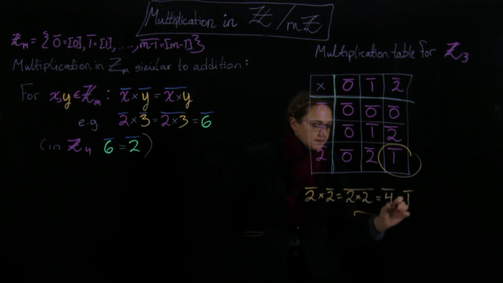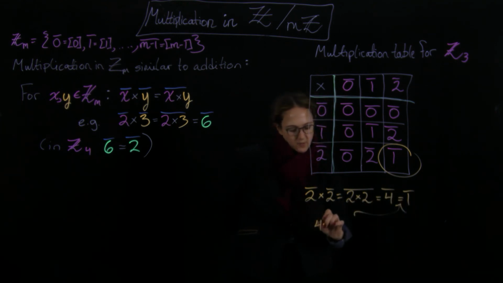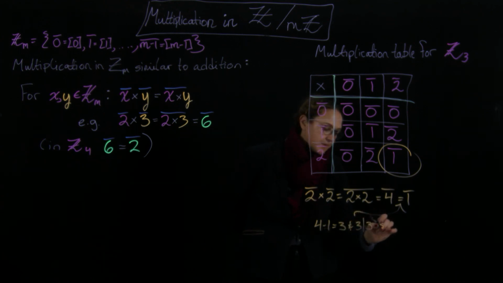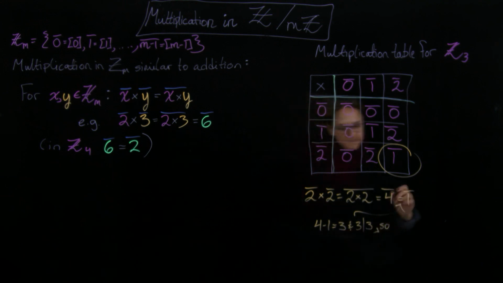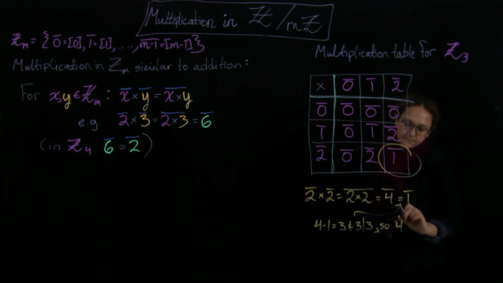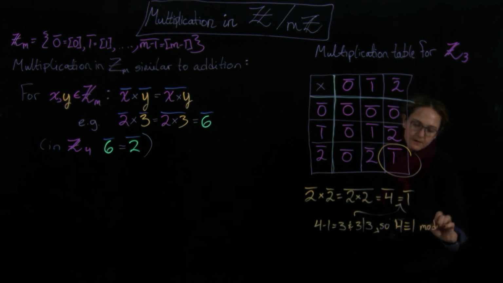And how do we know this one? 4 minus 1 equals 3, and 3 divides 3. So 4 is congruent to 1 mod 3.